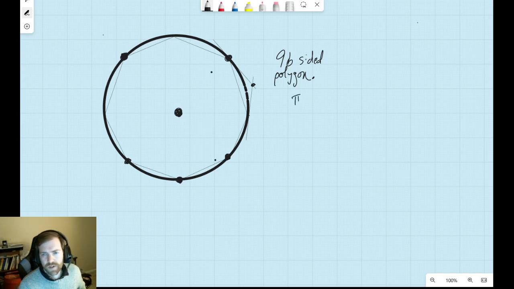And with that, he was able to prove that pi was somewhere between 3 and 1/7, which is approximately 3.1429, and 3 and 10/71, which is very approximately 3.1408. Oops, it's the other way around.